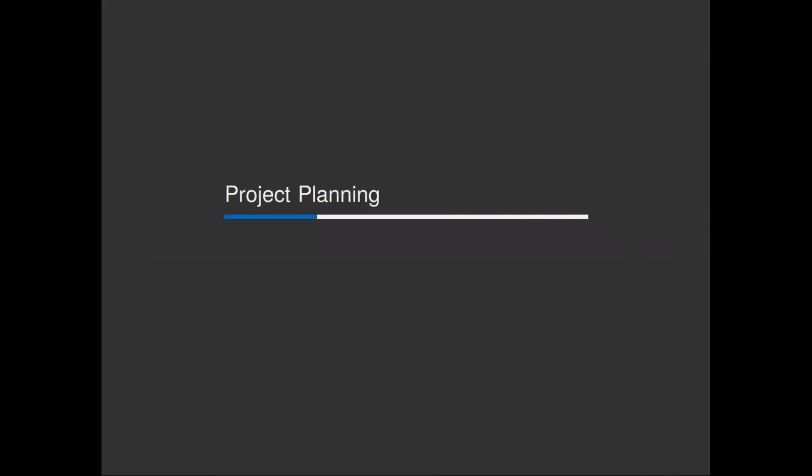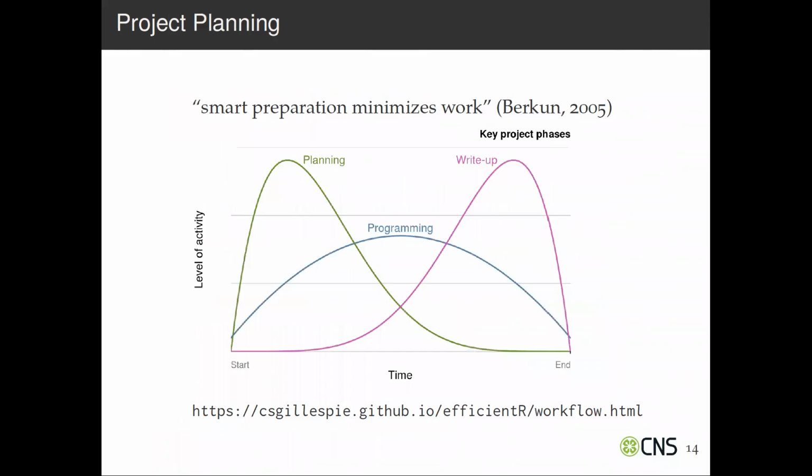Now, since we have everything set up, we need to plan our tasks. So think of our planning as preparation that will eventually help us or basically minimize our work. So our planning is the very beginning, like 1/3. Then we have the write-up at the very end, kind of 1/3.